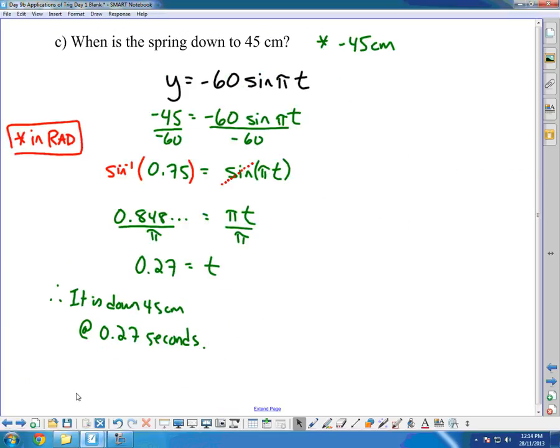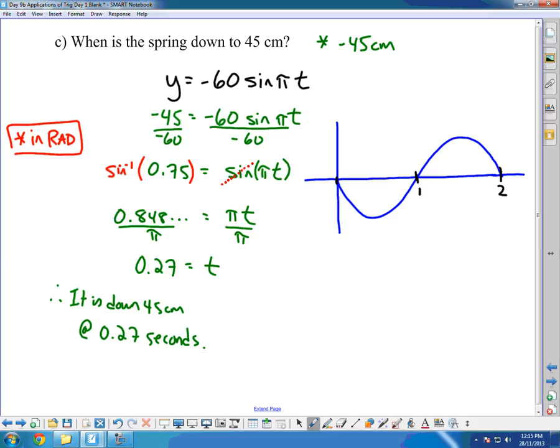So for that, we're really going to consider this graph. I'm going to redraw the graph right here so I can talk about it. I'm going to be a little more detailed here than before. I'm just going to go down like this, up, and down. We know that one cycle happens in 2 seconds. So this is 0, this is 2 seconds, this is one cycle. So obviously halfway it's at 1 second. We also know that it goes down to -60 and up to +60.